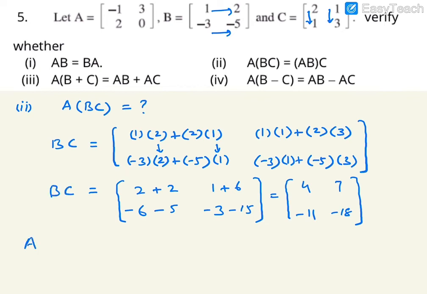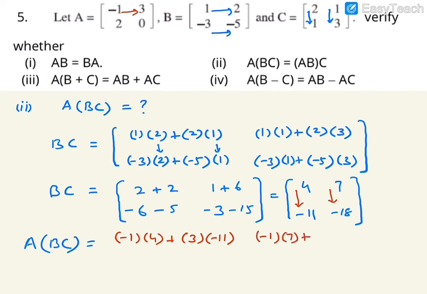So what will be A into BC? Now this row of A will multiply with this column. So minus 1 will multiply with 4, plus 3 will multiply with minus 11. The same row will multiply with the second column, so minus 1 into 7, plus 3 into minus 18.